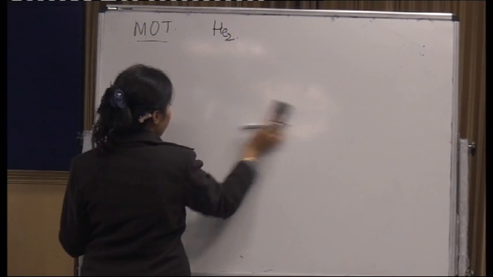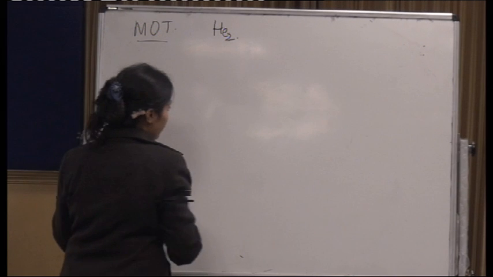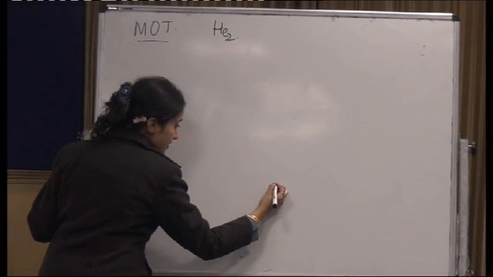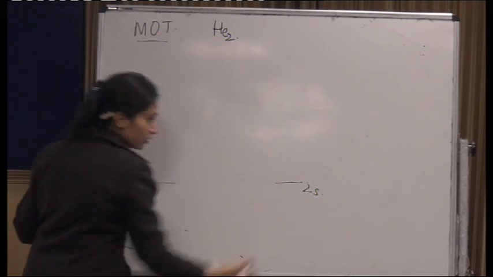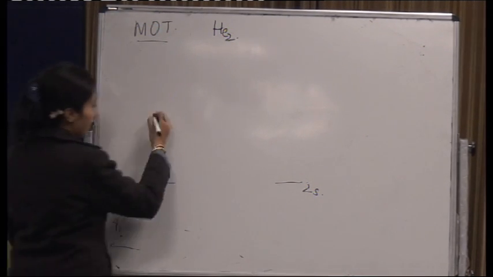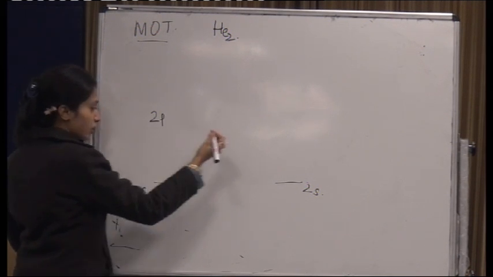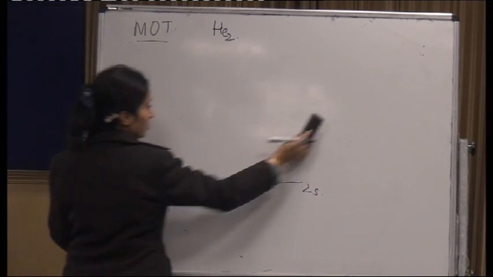Now say if you have to talk about, now look up here, this is your 1s, then you can have similarly 2s orbital also, right? And you will have your 2p orbitals also. That is how the order goes.